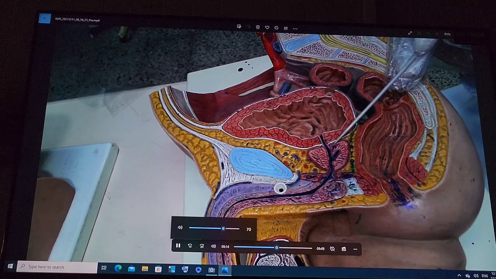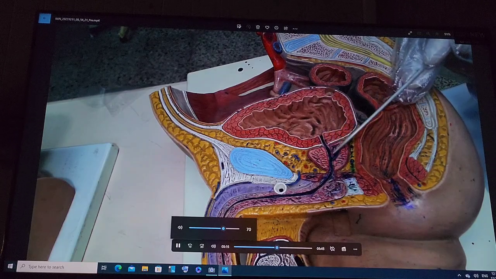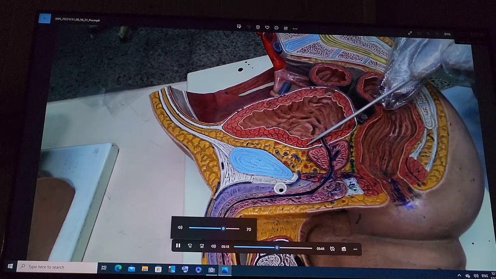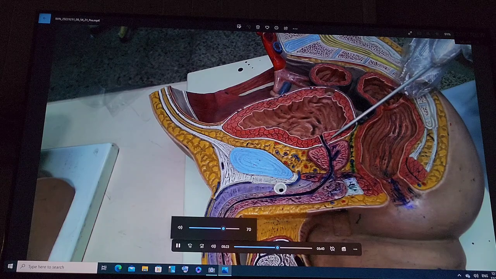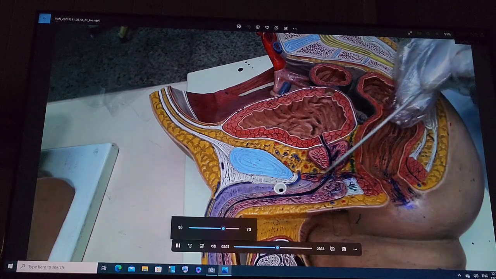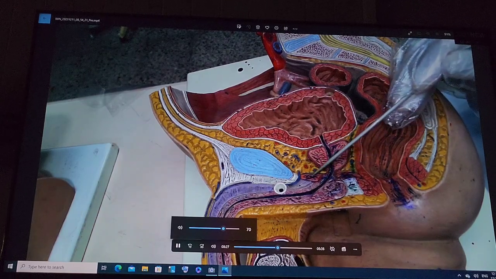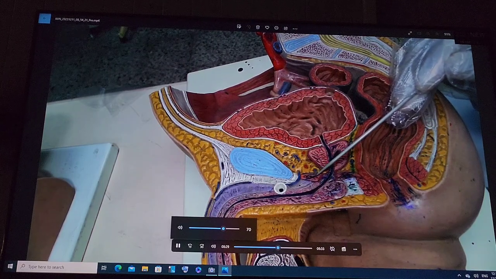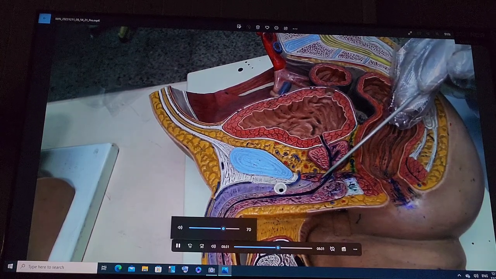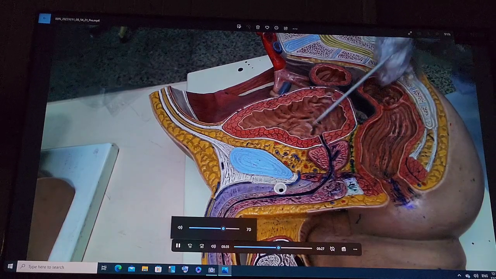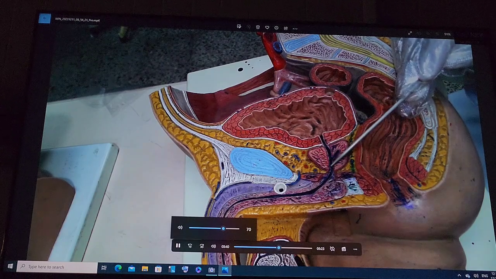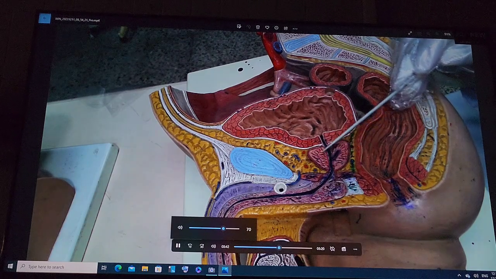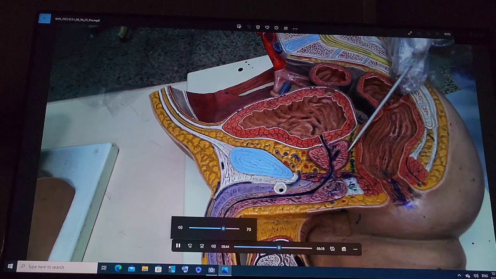It lies between the urinary bladder above and the urogenital diaphragm below. It has a base, an apex, and anterior and posterior surfaces with two lateral surfaces.